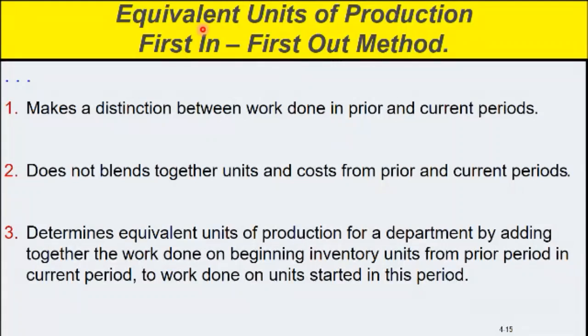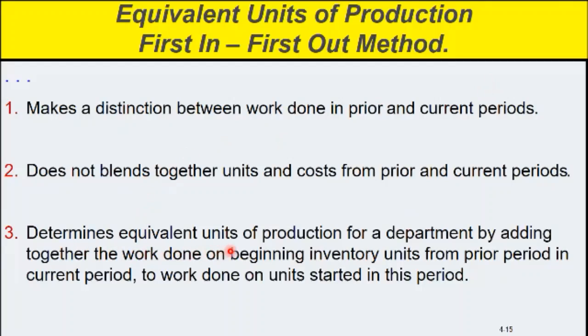The next method is called the first in, first out method. And this one makes a distinction between work done in prior and current periods, or in the process before the current process. And it does not add together costs from prior and current periods.